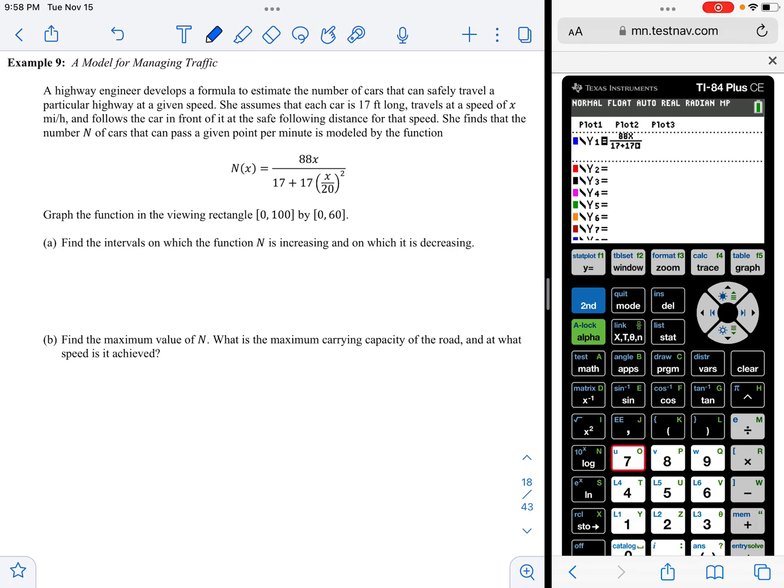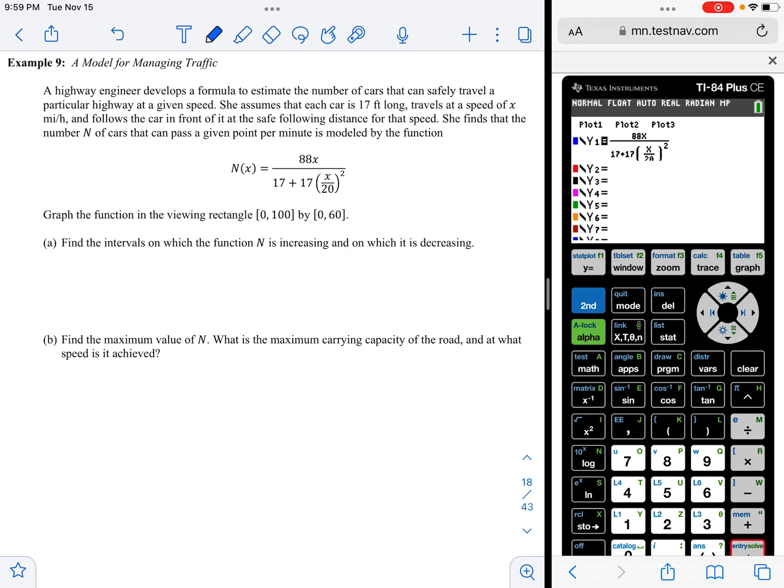And then you just enter it so that it looks really similar, and you can do alpha F4 again if you want to do the x divided by 20. And then all of that is being squared. So this notation allows you to type in exactly what you see in the problem.